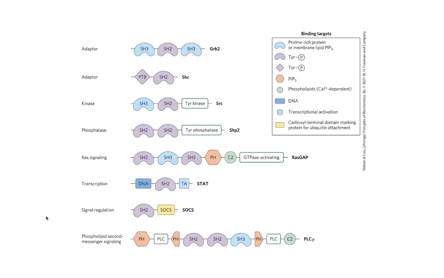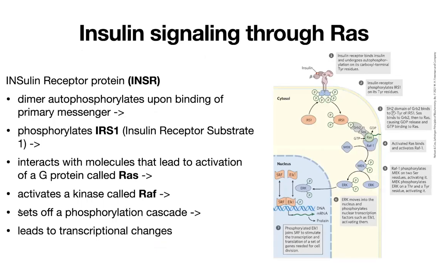But by having this one place where it can recognize phosphorylated versus not phosphorylated, you can regulate when things are bound where. So you bring things together only when they're in the phosphorylated or the not phosphorylated form.